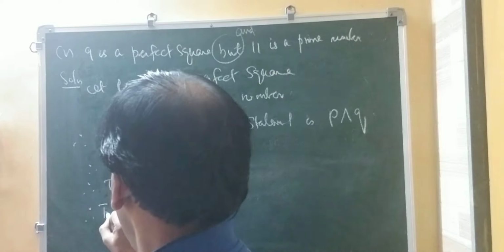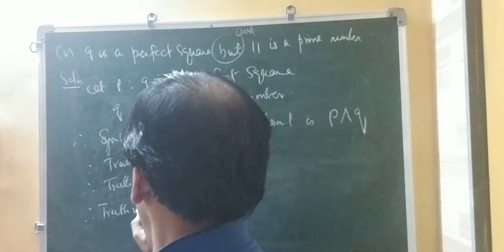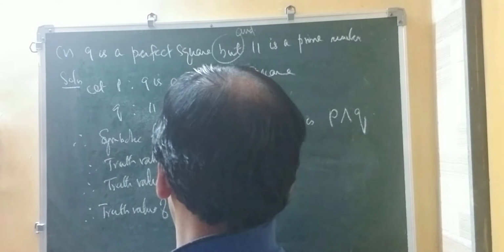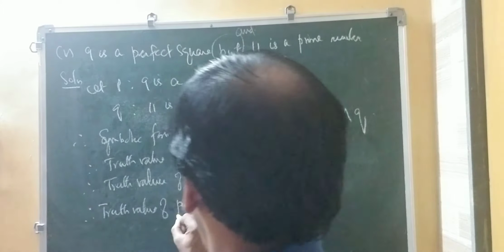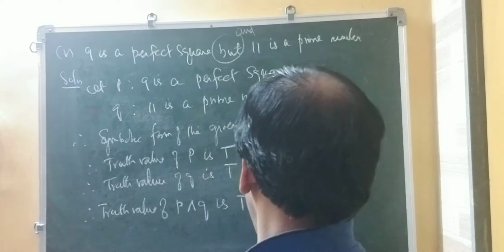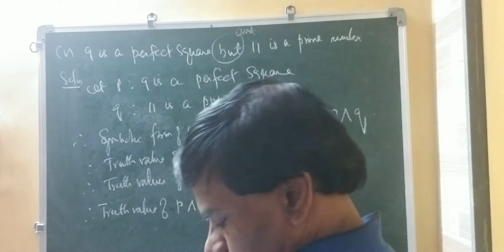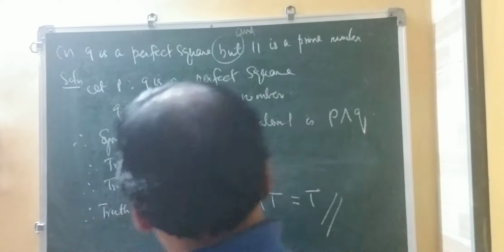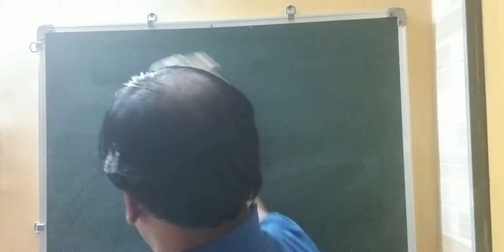Therefore, truth value of P and Q is, see, what is the truth value of P? T and T. Then only it is T. It's very interesting. Now we will go to another concept that is called negation.